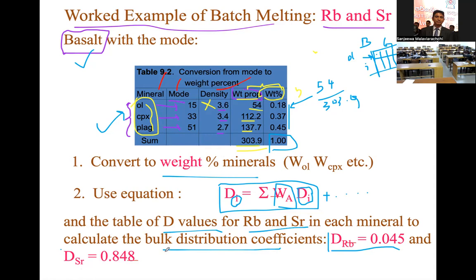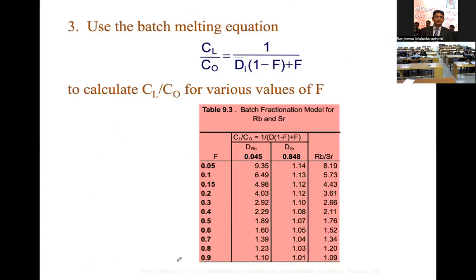So you take the bulk partition coefficient in that case. Then we take the original equation. This is the batch melting equation we considered before. There we are going to find out this parameter. Now we have the bulk partition coefficient here.